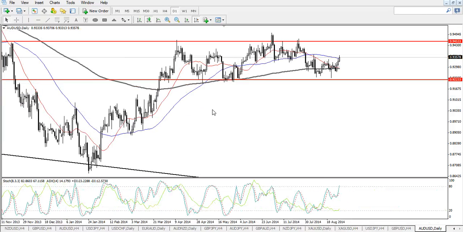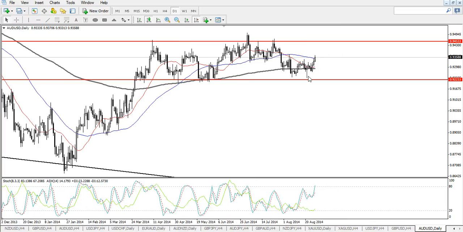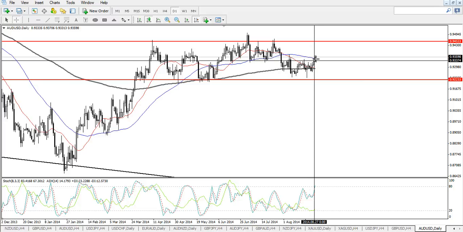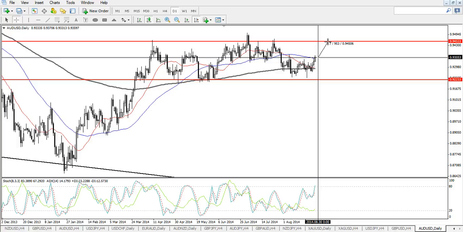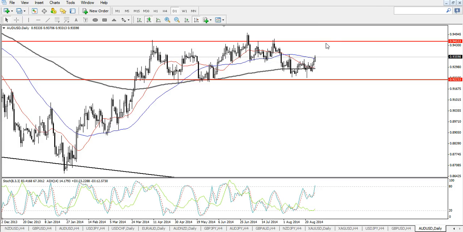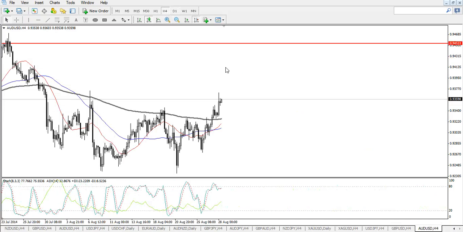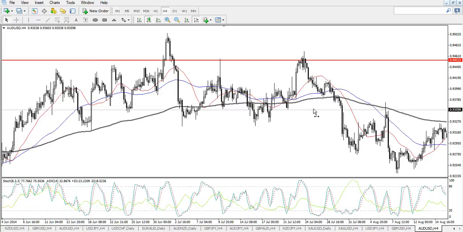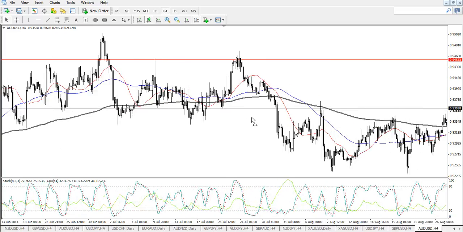What we can see here is that the price has been supported by 200 EMA, 200 moving averages, attempted to break below, but it then rebounded again. So we can actually see that price may appreciate further to the top of the range at 0.9453.